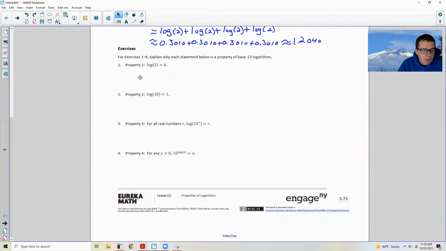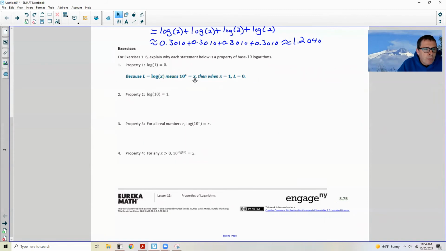So what we could say is, if a capital L equals the log of x, that means that 10 to the power of L equals x. That's what this logarithm means. If L equals the log of x, that means base 10 with the power of L is going to equal what we're taking the log of, which is x.